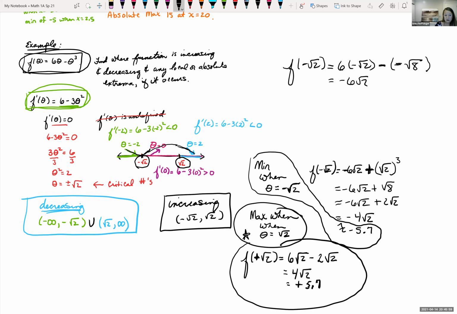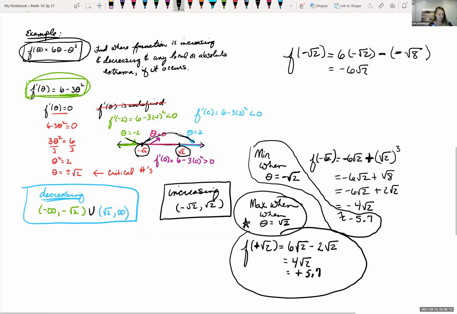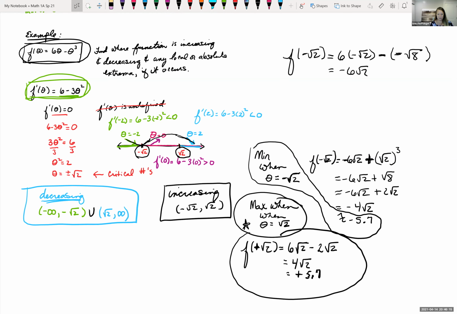If you use facts about functions being even or odd, we could use that fact to understand what's going on with a graph and not have to plug in as many numbers. But I normally don't tend to think about that when I'm doing this. The other thing, these are just local. And the reason I know this is because of how our graph is looking.